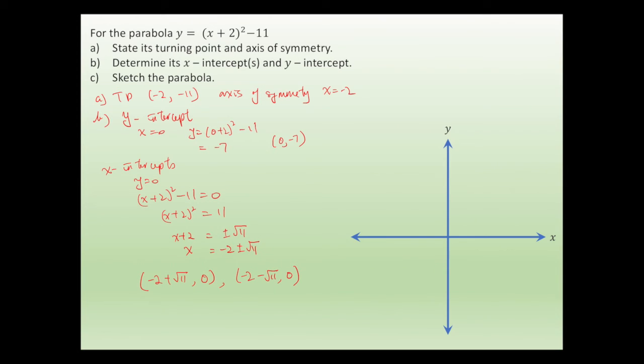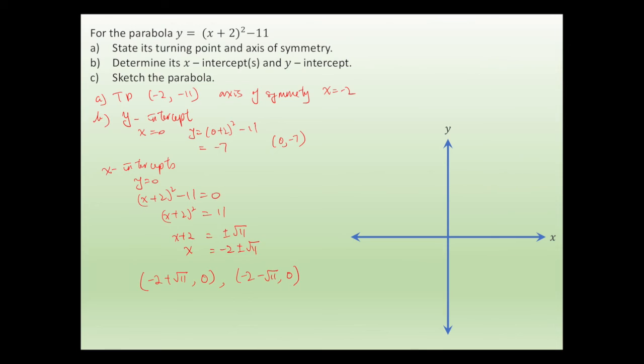Now, you are not expected to calculate the exact values of minus 2 plus square root of 11 or minus 2 minus square root of 11. What you need to know is to estimate the location of these two points. So here you know that square root of 11 is between square root of 9 and square root of 16. Square root of 9 is 3. Square root of 16 is 4.